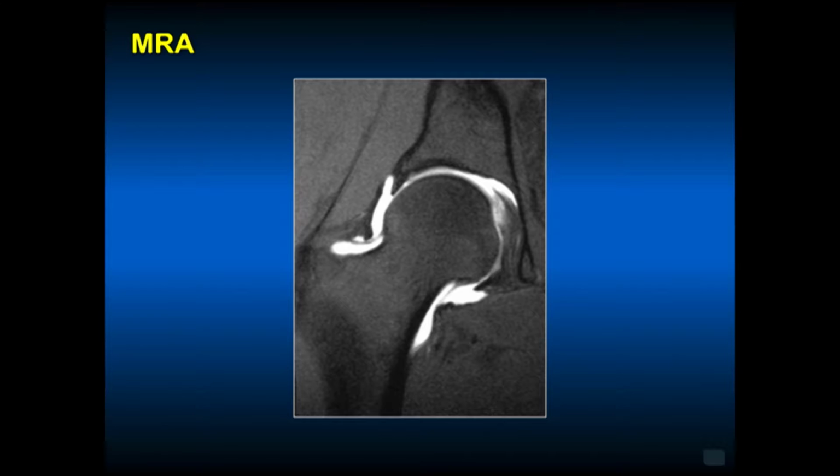With a magnetic resonance arthrogram, as shown here, you can better see the delineation of the articular cartilage of the femoral head and also the labrum. As you can see here, the superior labrum, the inferior labrum, and then the capsule as it goes down around to the neck in this normal study.